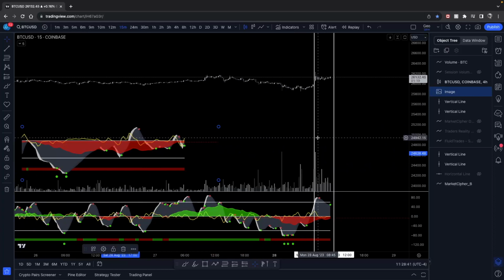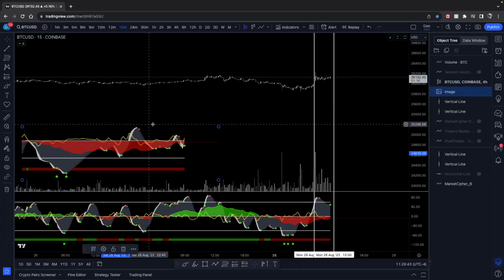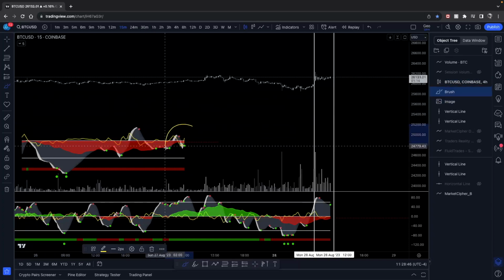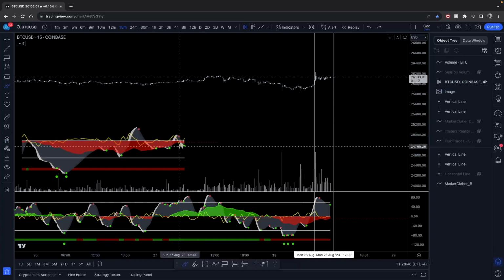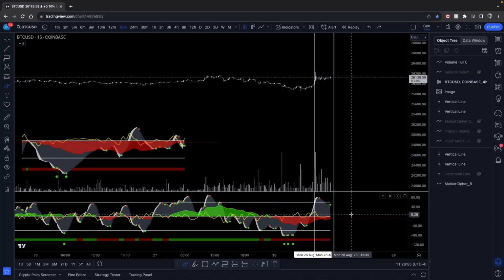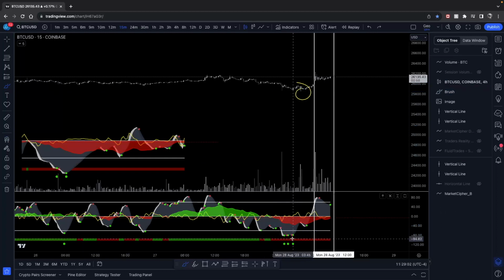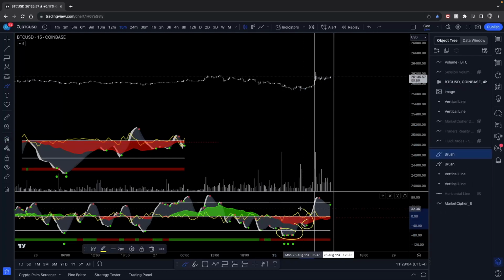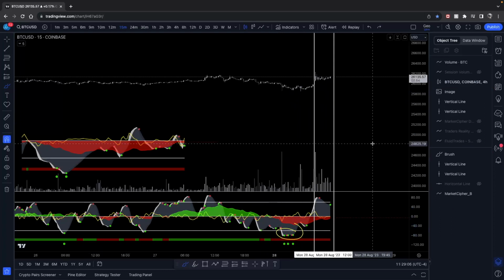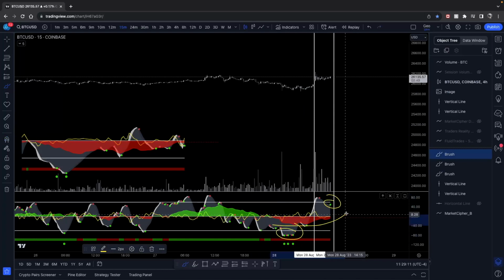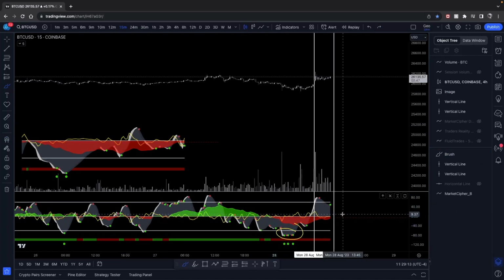So we're going to say it like this. I've been talking a lot. This is how we're going to do it. We're going to say when our 4-hour is showing us a green dot and money flow is continuing to the upside as it is here, we can enter on the next green dot that gives us a divergence as it did here, or we can enter on an anchor trigger wave as it also did here, or we can enter on the next green dot we see with followed momentum as we arguably can now.